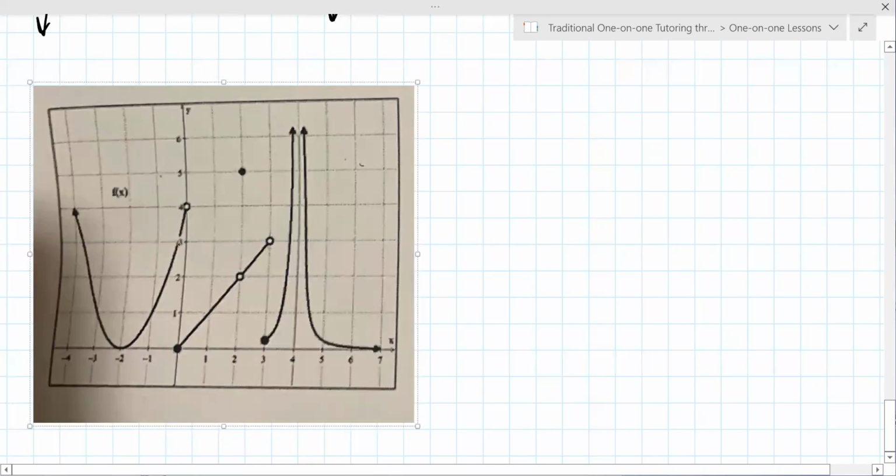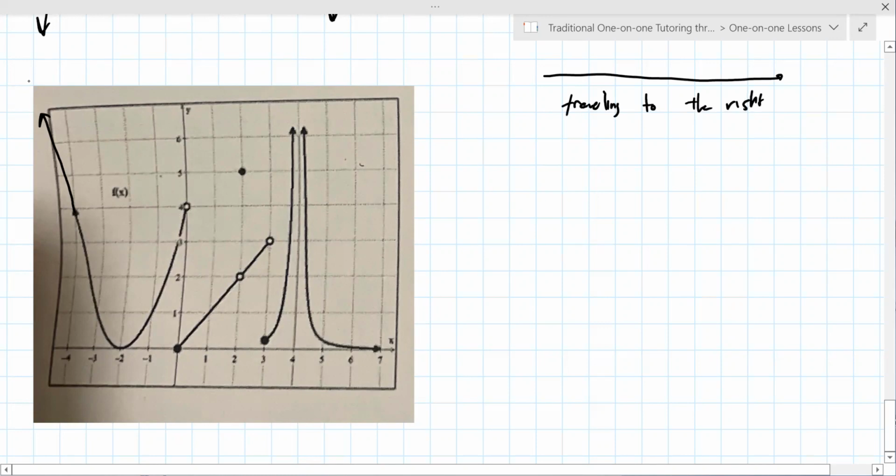So the graph, if we were to just extend this, I think this is important to do. This graph goes up forever, it goes left forever. And this is how you want to look at domain: you're traveling to the right, you're a traveler, and you travel right here and you hit this endpoint here, you've got a problem.